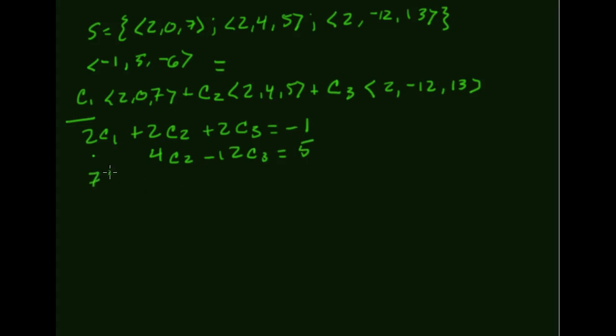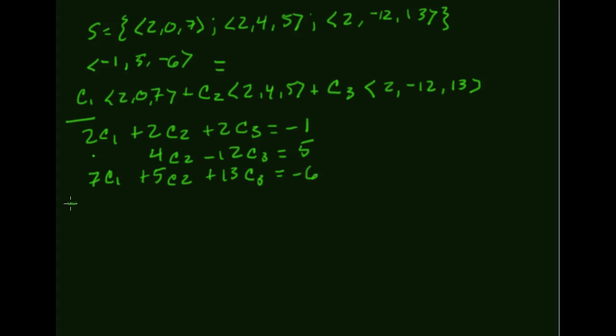And then we have 7 times C1 plus 5 times C2 plus 13 times C3, and we're going to have that equal to, sorry, not 7. Careful. That one's negative 6, right?